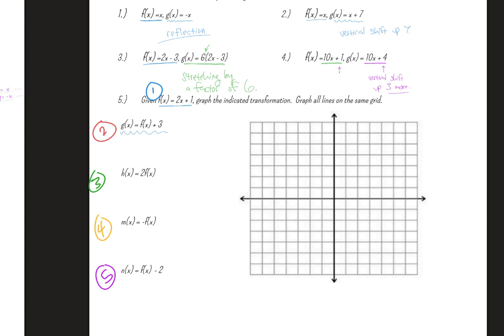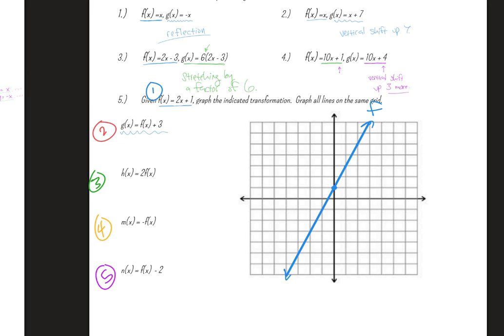So here's the first one. Our y-intercept is 1, our slope is 2, so here comes the blue function, like that, I believe. So this is f, because it wants us to graph all the lines and then label them.